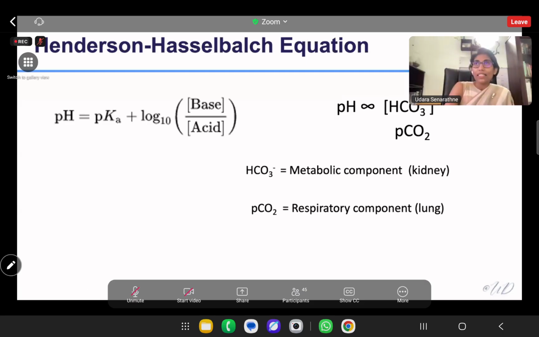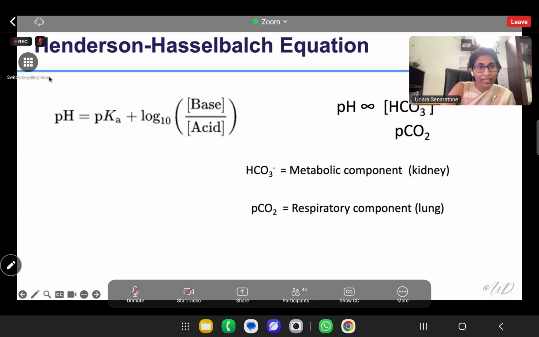Therefore, keep in mind that pH is directly proportional to the metabolic component, whereas pH is indirectly proportional to the respiratory component. That means if the PCO2 is rising, pH would be falling because it's indirectly proportional.